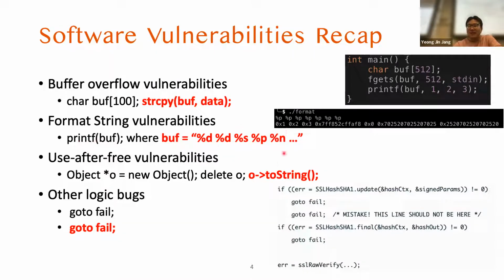But if any attacker input can get in here, then they can manipulate it and leak some of the stack variables. Because printf does not know how many arguments there are. So if there is a % something, it just goes up the stack and prints it. So if you have a lot of %p in the printf, then you will eventually print out the return address or the saved EBP, so you can get all these kinds of values.